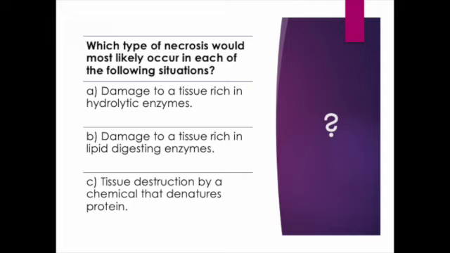If you have damage to tissue rich in lipid digestive enzymes, what type of necrosis would that be? Your key here is lipid. If you picked fat necrosis, you're correct. And lastly, it only leaves coagulative necrosis, tissue destruction by chemicals that denature proteins. Coagulative necrosis.